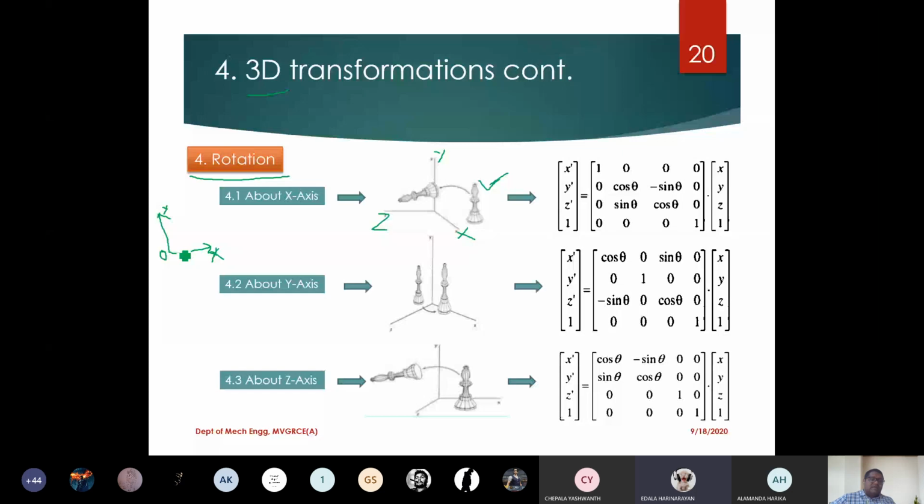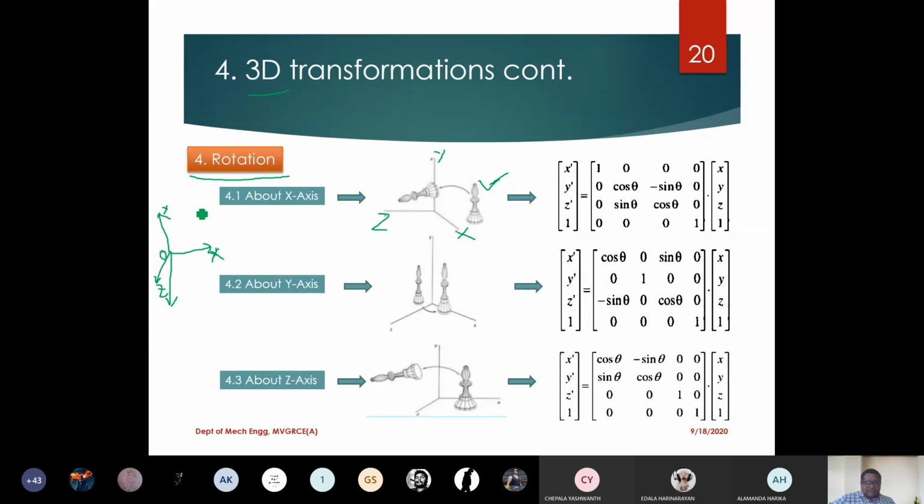About the z-axis. Well said. The z-axis is actually normal to the plane. I am unable to show it like this. The z-axis would be normal to the plane, exactly at the origin. So even though we were talking about 2D transformations, that rotation was actually performed about the z-axis.